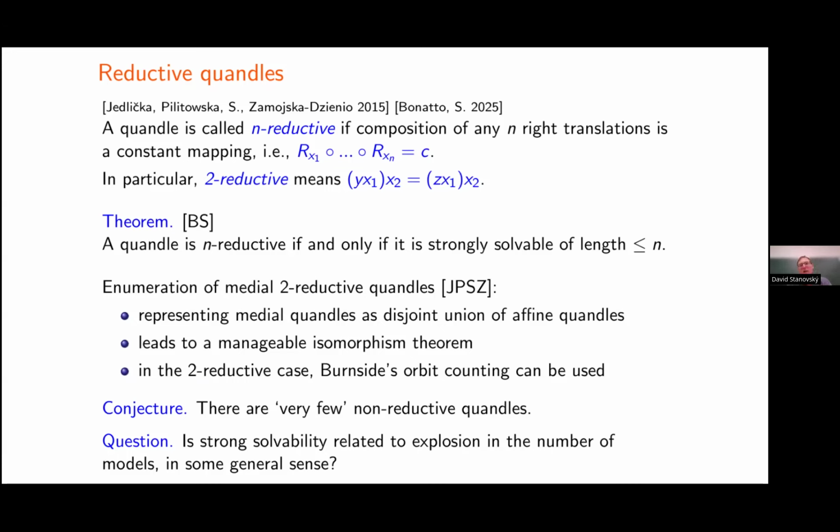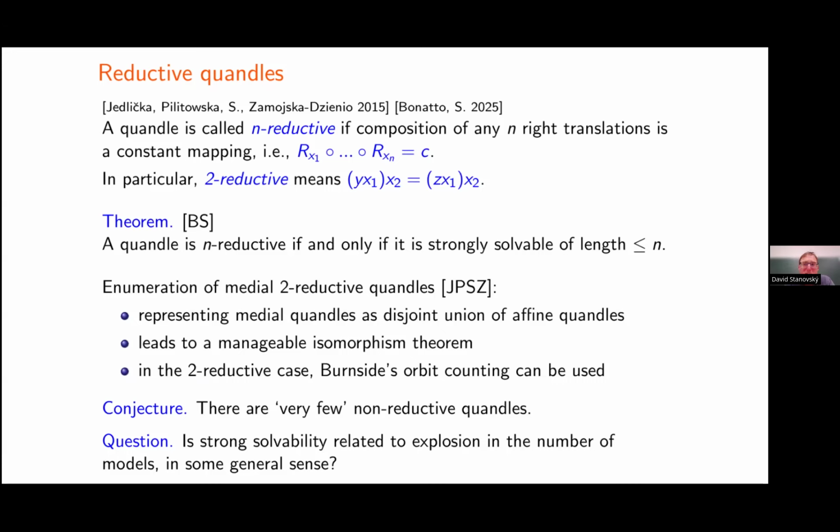And I conjecture that there are very few non-reductive quandles. The thing that I wanted to tell you on the last slide is whether strong solvability is something that matters in enumeration.